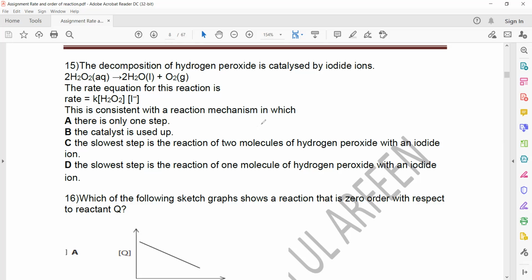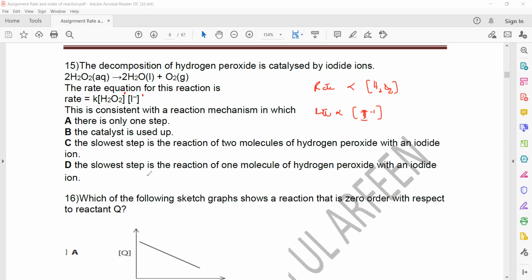C or D? According to the rate equation, the rate is proportional to the concentration of hydrogen peroxide and to the concentration of iodide, because it's first order with respect to hydrogen peroxide and first order with respect to iodide.